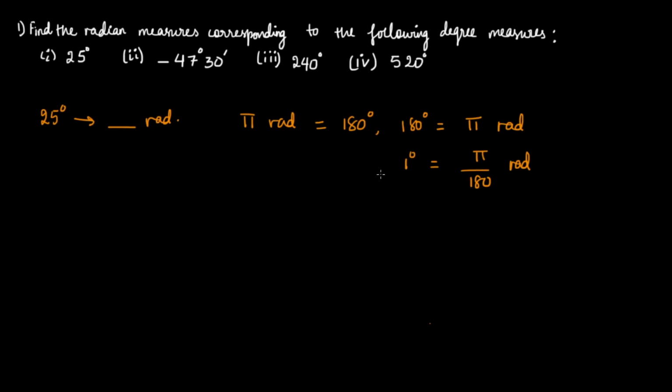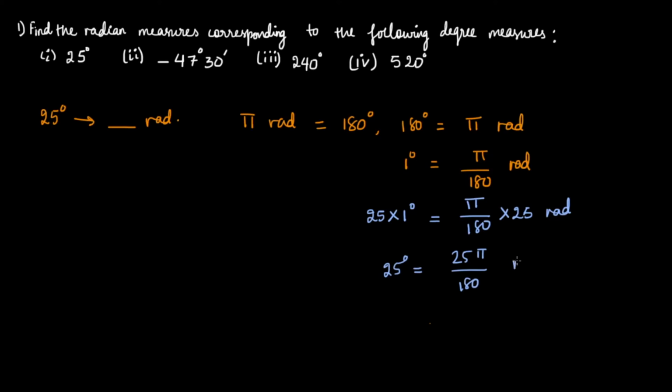Let's do that. So we'll multiply 25 on both sides. This is equal to pi by 180 times 25 radian, right? So finally we arrived at 25 degrees is equal to 25 pi by 180.